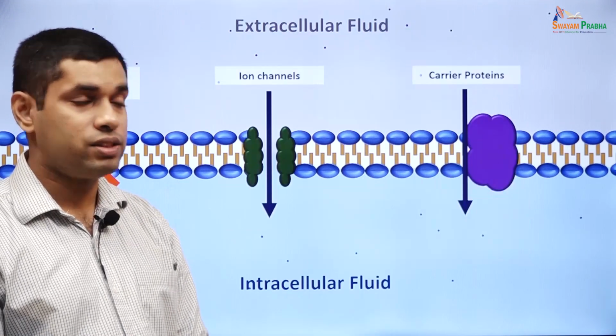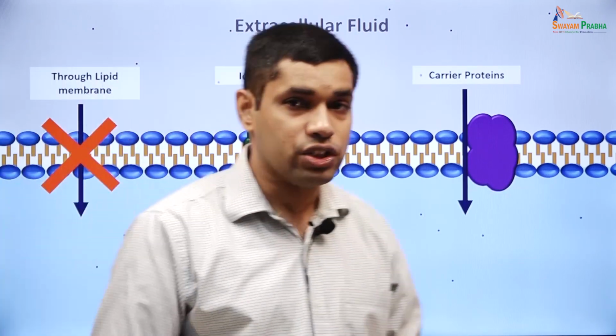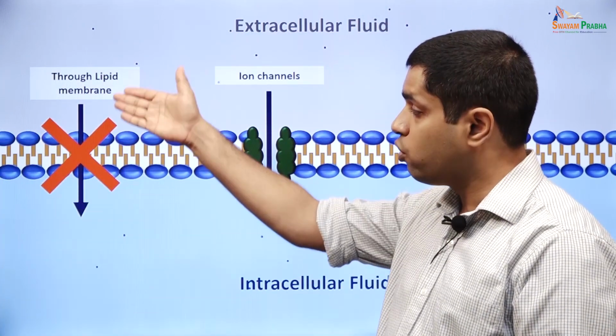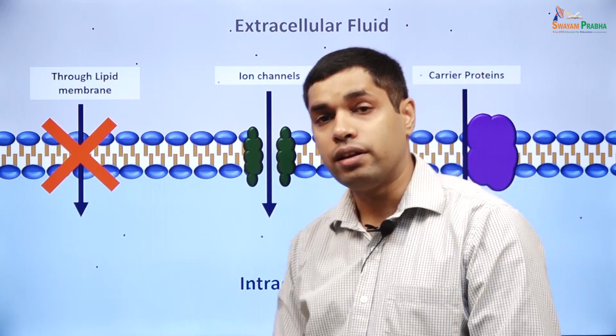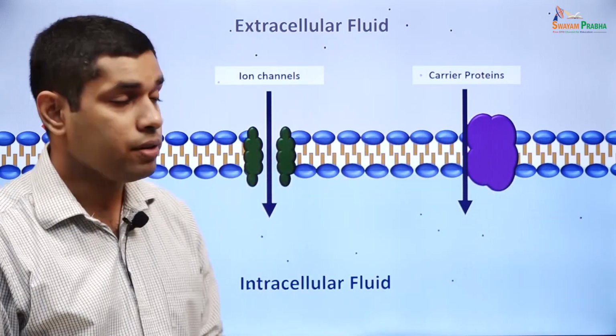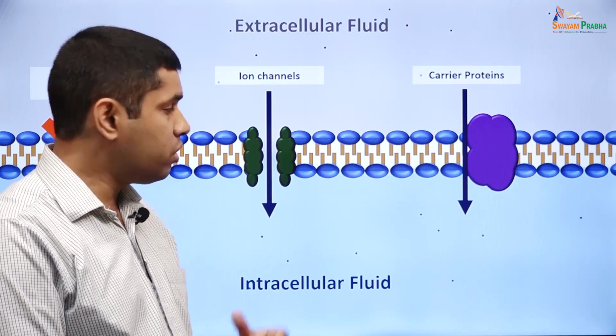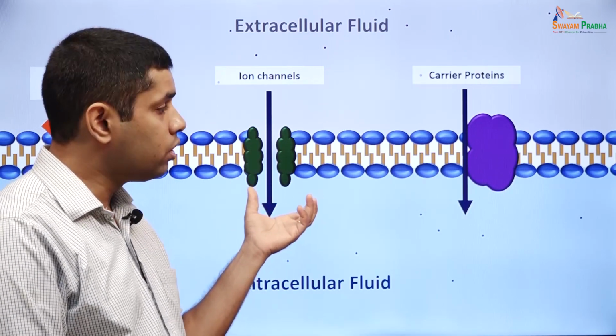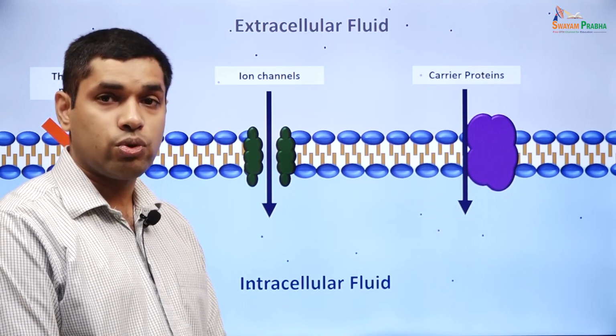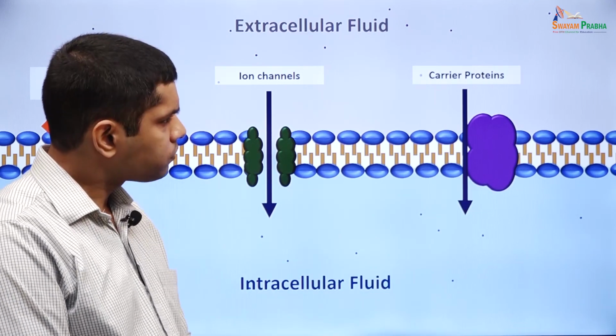What are those mechanisms? For a substance which cannot dissolve through the lipid membrane, the way it crosses the membrane is either through ion channels or through carrier proteins. We will discuss more about ion channels now, but we will also discuss carrier proteins in a little more detail.